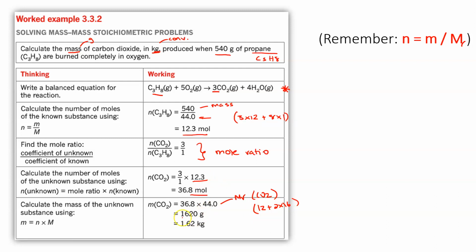This means that we will end up with 1,620 grams, and then we need to convert through to the correct unit as specified in the question and watch significant figures. So we're going to divide by 1,000, and then we're going to report in only 3 significant figures for our answer. Okay, same thing as before.